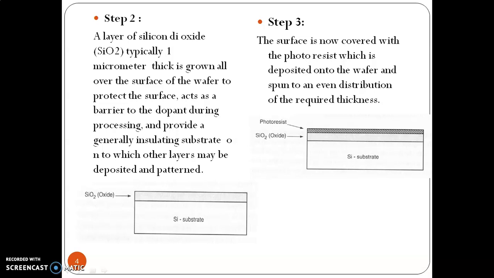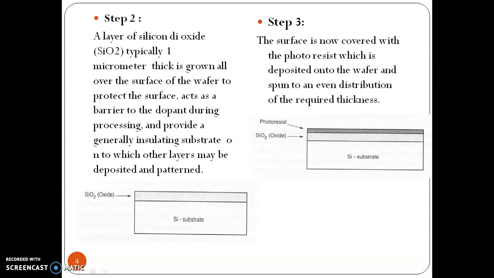After the fabrication of one transistor is done, the same wafer can be used for further purposes. So to protect the wafer from all the different processes, silicon dioxide is put up.